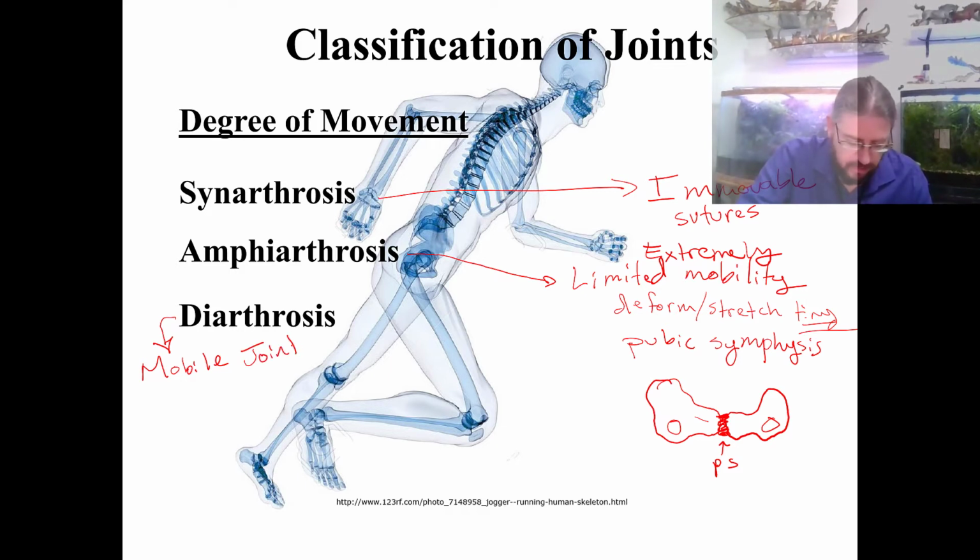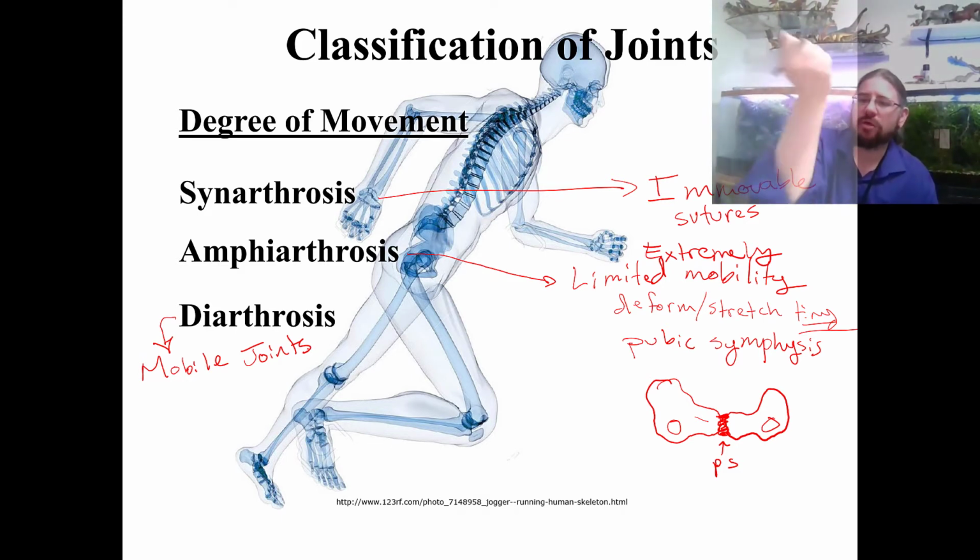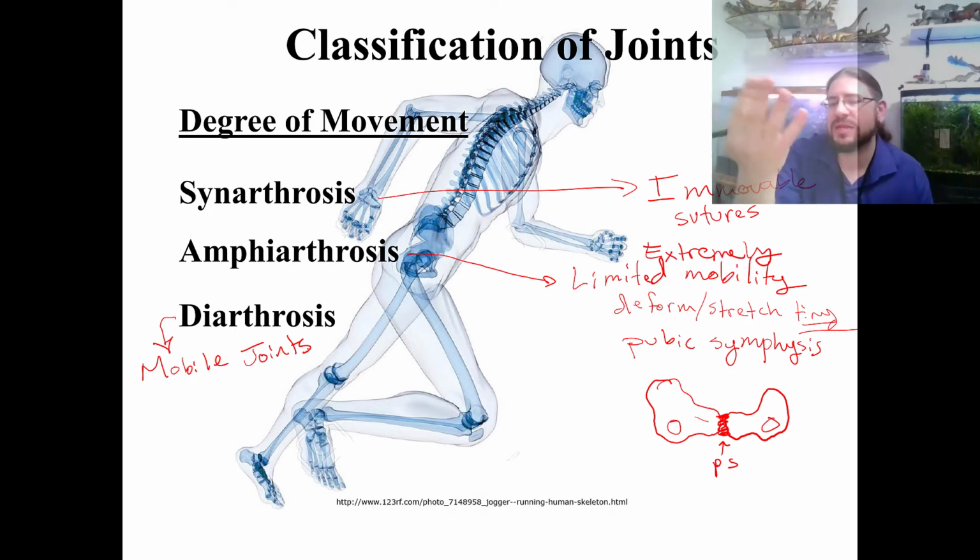So most of the joints in your appendicular skeleton are diarthroses. So, your shoulder, the ball and socket of your shoulder, the hinge of your elbow, right? The gliding movements of your wrist, right?